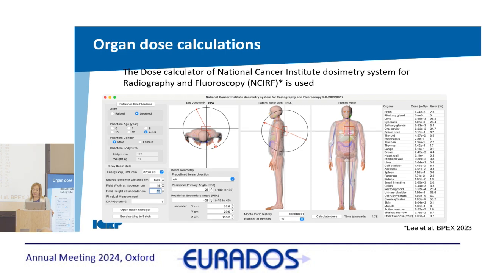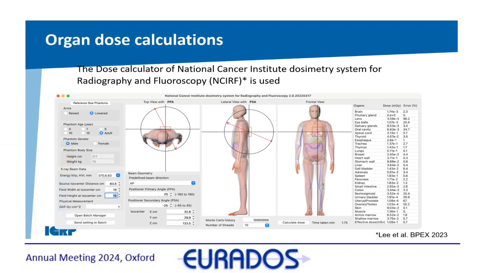The dose calculator of the National Cancer Institute dosimetry system in the US is used for this purpose. This software was initially developed for reference adults only, but it has been extended to include the non-adult reference phantom library of NCI and University of Florida. So each patient will be mapped to one of the 193 male and female and different habitus phantoms.